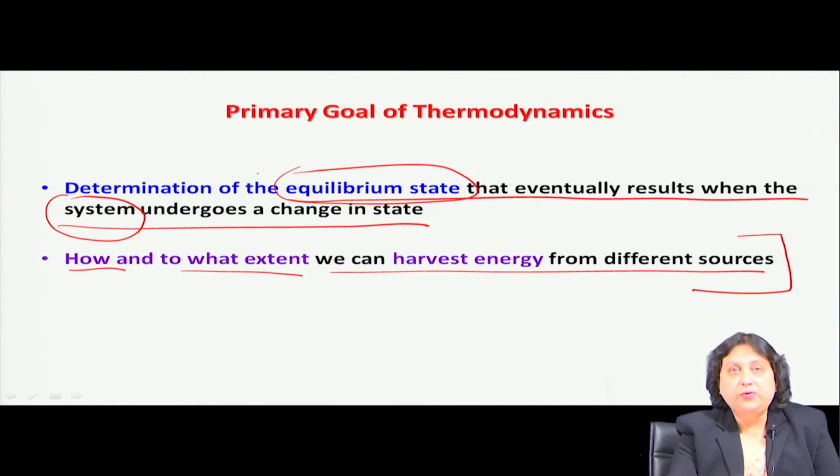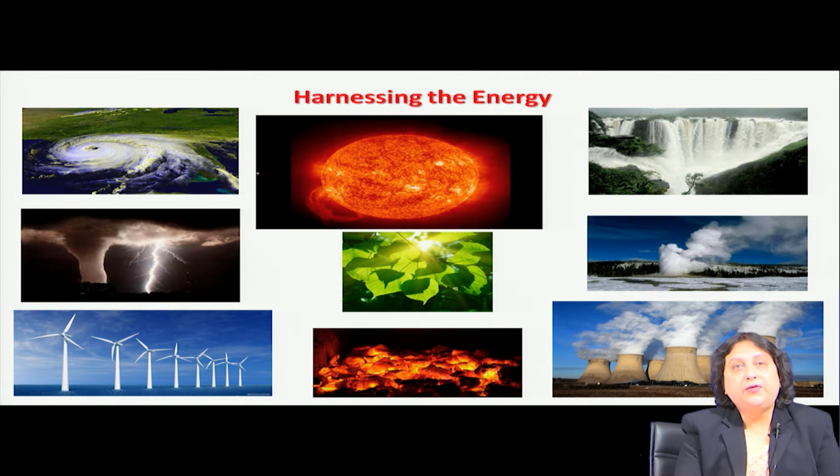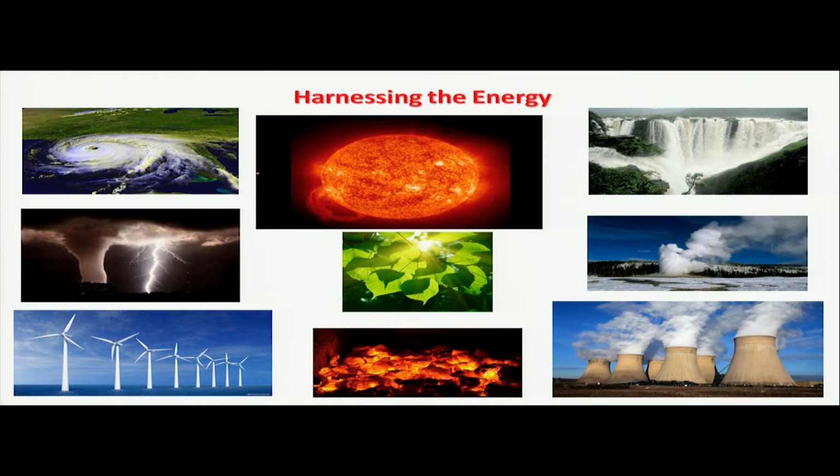Now let us move then to the concept of harnessing the energy. If I have to make a machine do my external work, I have to give some energy to the machine to do this work. So where do I get the energy from? There are many alternative sources of energy all around us.